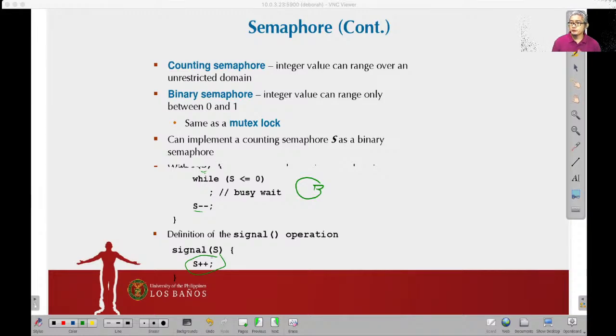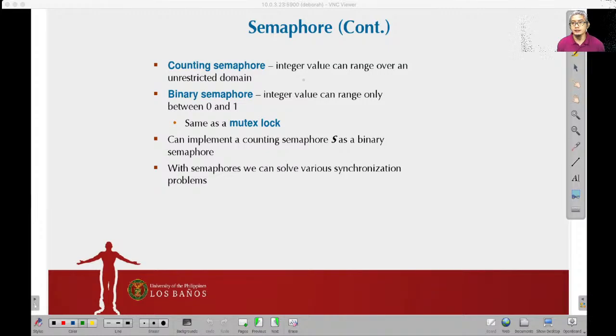There are two types of semaphores. We have the counting semaphore, wherein the integer value can range over an unrestricted domain. You use semaphores when you have a resource with several instances. Say you have several disks, then you can use a semaphore for synchronization.